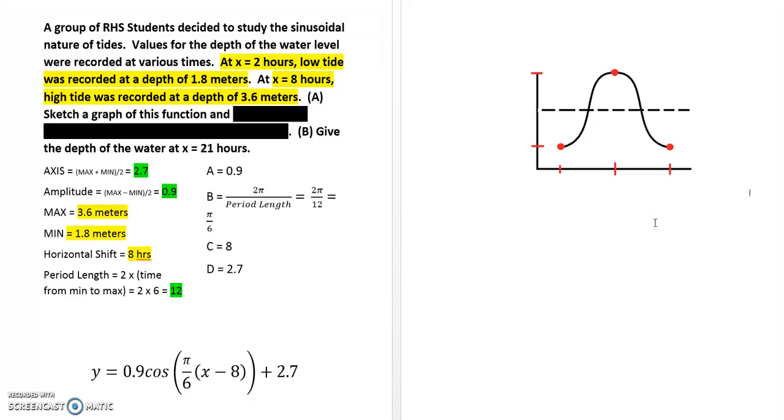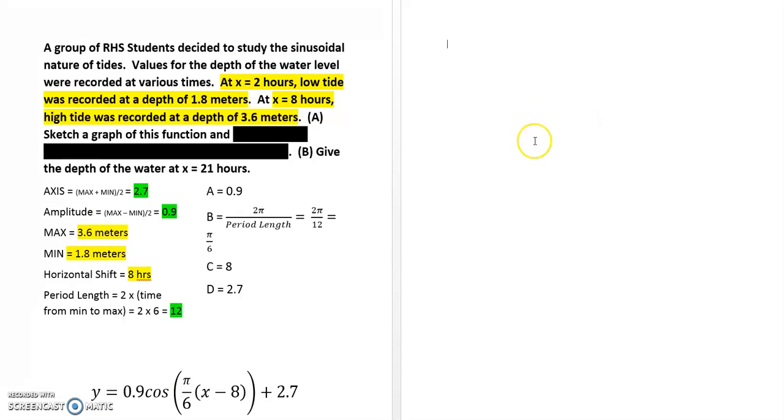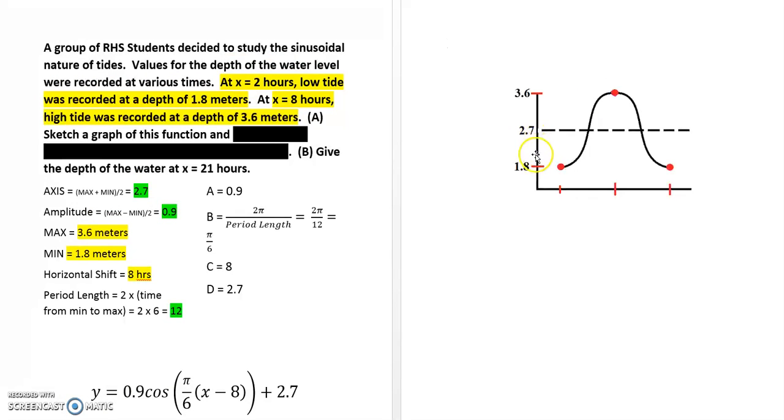And now we can label where all the values are across the x and the y axis. We of course start with the axis, which is 2.7, and then we show our amplitude, which is 3.6 is our maximum. That's 0.9 higher than 2.7, and then 1.8 is our minimum value. And then we will label across the x-axis.